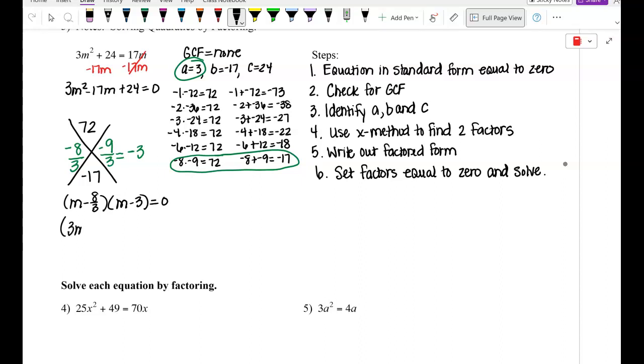So 3m minus 8 times m minus 3 equals 0. Now I need to take those two factors, set them independently equal to 0, and solve. So 3m minus 8 equals 0 and m minus 3 equals 0.